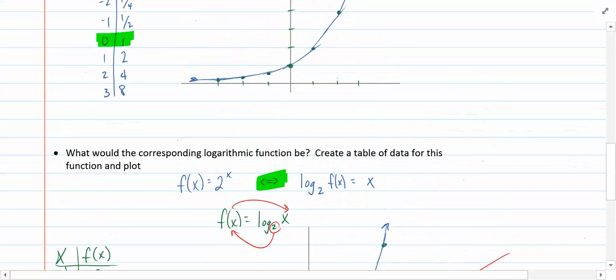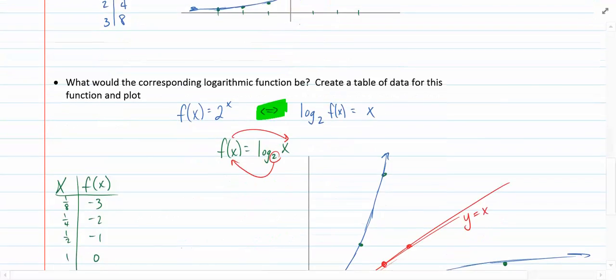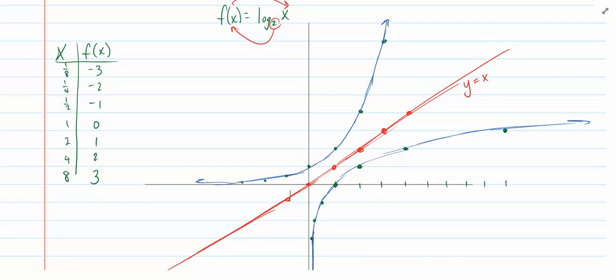So we started this video with the algebraic properties of logarithms, and we finished up looking at some of the geometric properties of logarithms. And this is a really important one to notice. The graph of an exponential is the inverse of the graph of the logarithm. That's yet one more way to show that these two are inverses of one another.